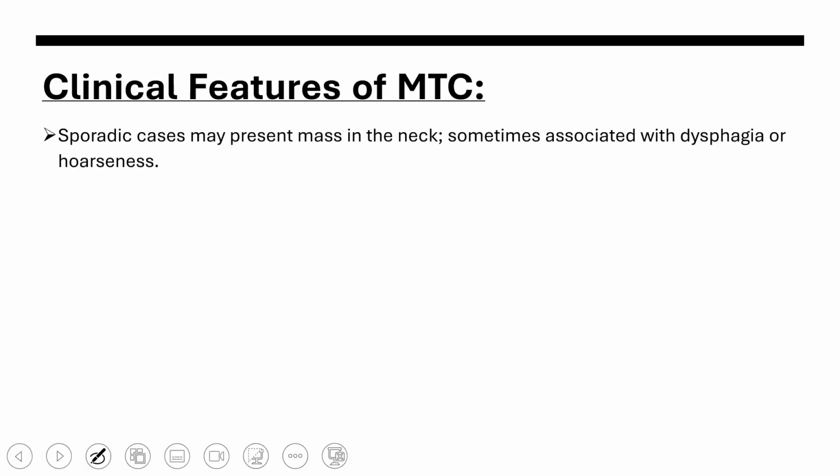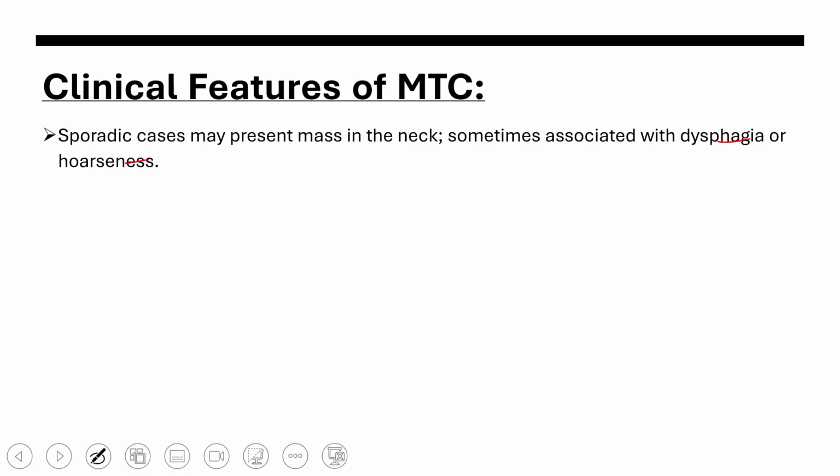The clinical features of medullary thyroid carcinoma are that sporadic cases may present with masses in the neck, and these masses may lead to compression and invasion of adjacent structures, which may be associated with dysphagia.